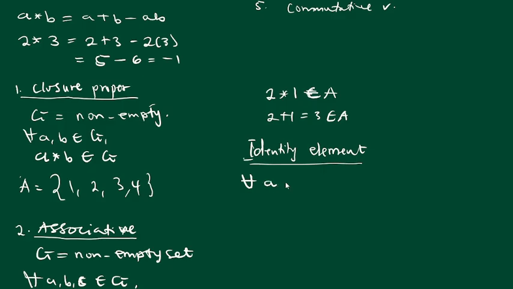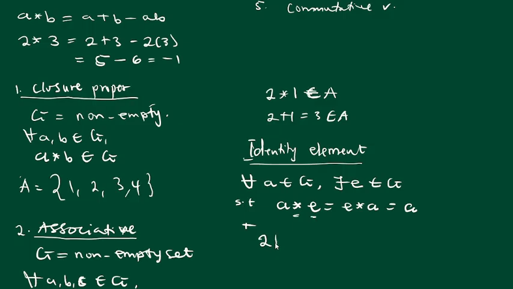For all a member of G, which is going to be a non-empty set as we defined earlier, there exists another element which is a member of G, such that when I perform the operation on this, it should be equal to A. So if I'm performing under addition, and I have 2 plus a certain number, it should give me 2 back, right?